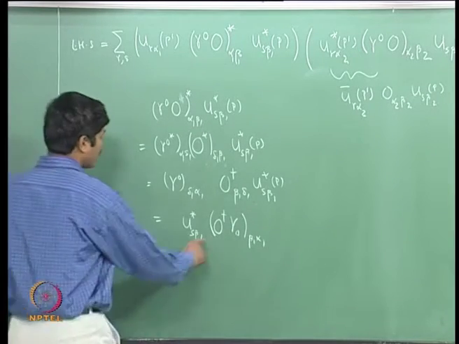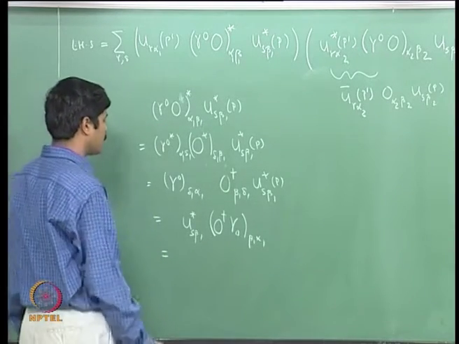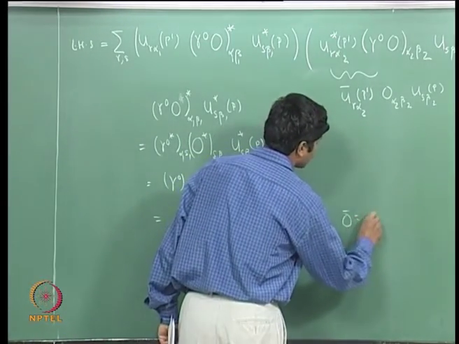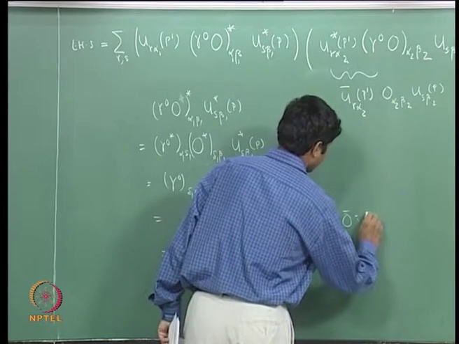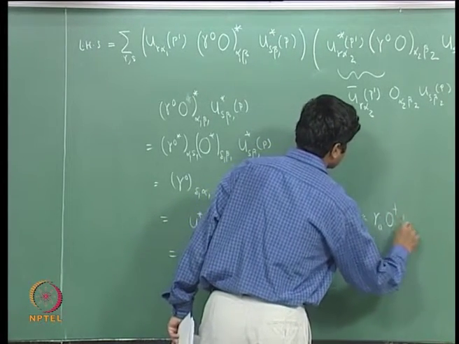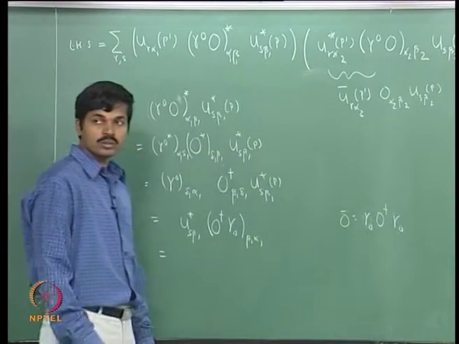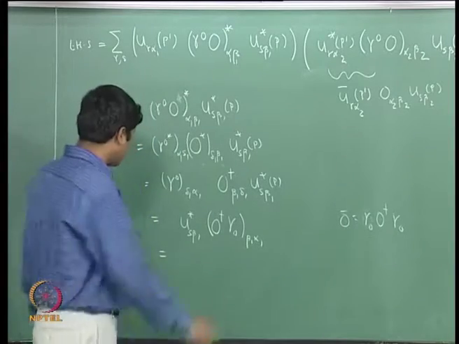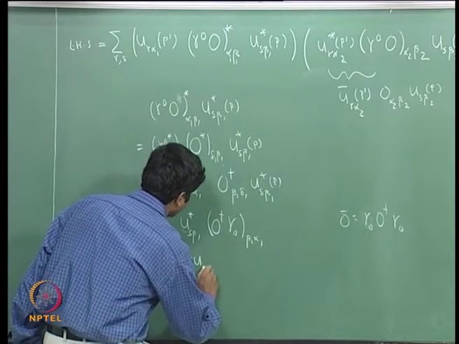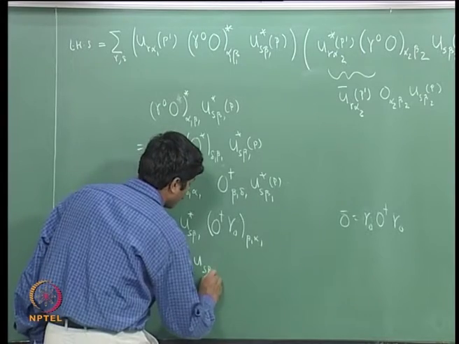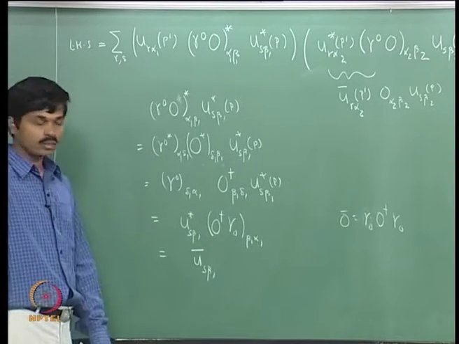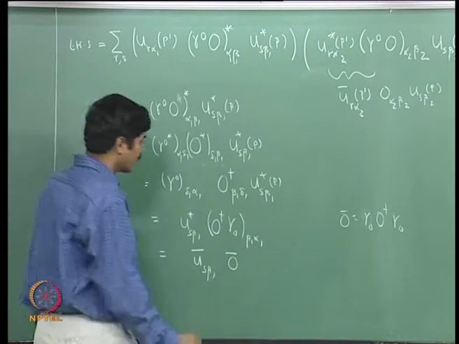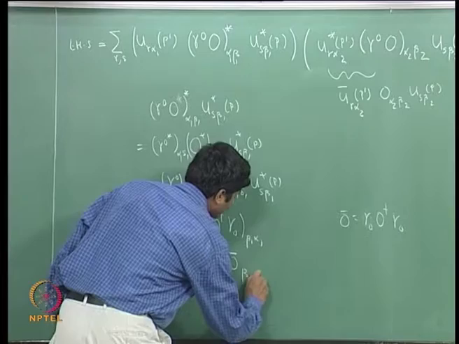Now, what I will do is I have already told you that I will introduce O bar, which is gamma 0 O dagger gamma 0, and I will use the fact that gamma 0 square is identity. Then I will simply write it as U s beta 1 bar O bar of beta 1 alpha 1.